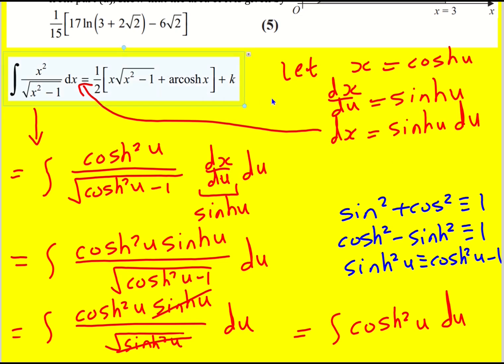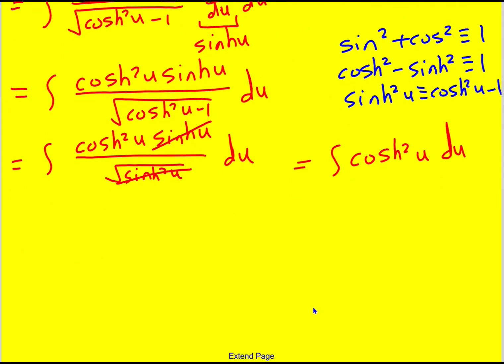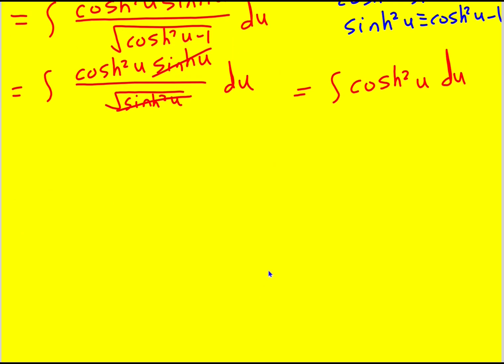Now, this next bit is not a walk in the park, but it is something that you should have seen before, how to integrate cos squared, for example. And again, that is double angle formulae. So I'm going to write down my non-hyperbolic one. Cos 2a ends up being cos squared a minus sine squared a.